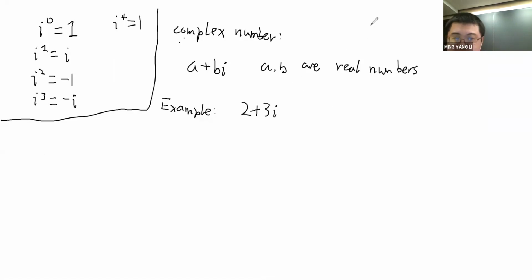Because a, b are just real numbers, they may be negative or positive. So we also can have things like negative 5 plus i, when a is negative 5, b equals 1. And for example, we may have 3 minus 2i, when a equals 3, b equals negative 2, and so on.